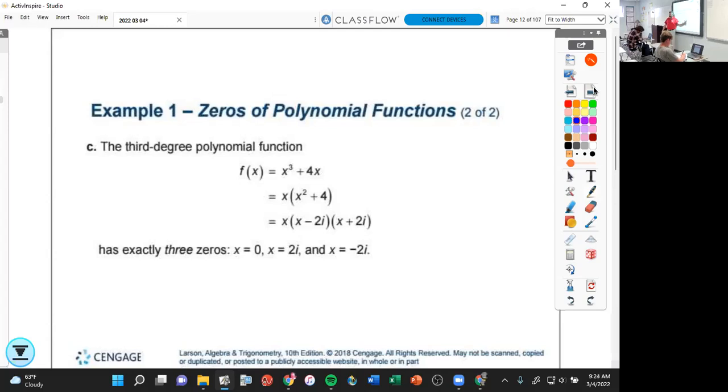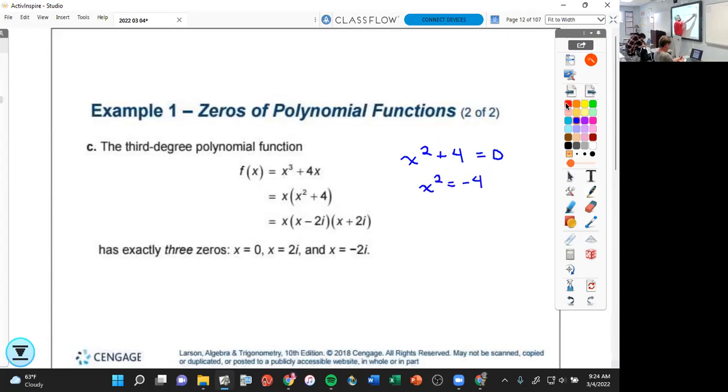Not right offhand, right? Okay, let's take this x squared plus 4. To find the zeros, you take each factor and set them to 0. If I set this to 0, to get x by itself, step number 1, subtract 4 from both sides. So x squared equals -4.